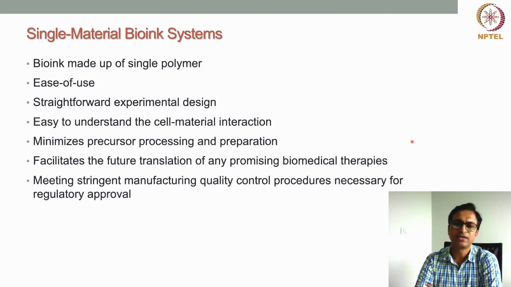A single polymer like gelatin, alginate, fibrin, collagen, or even a synthetic polymer like PVA can be dissolved in water, buffer or media, and that polymer solution or hydrogel can be used as a bioink.